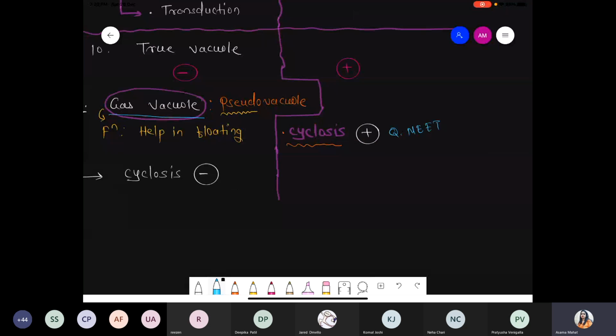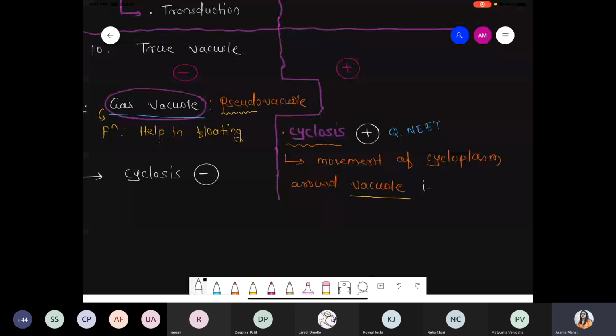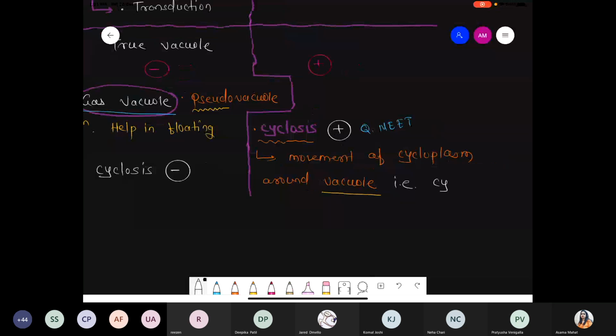So the cyclosis process is nothing but the movement of cytoplasm around the vacuole, and such movement is also called cytoplasmic streaming.